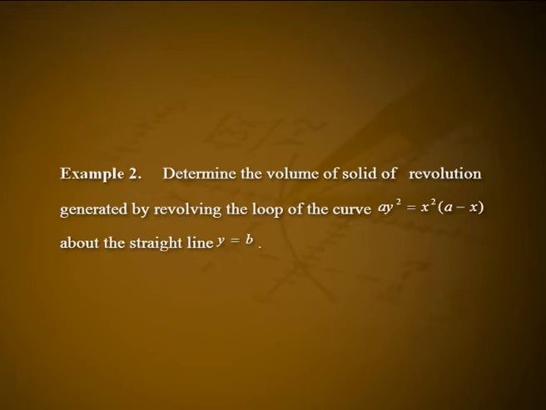Example 2. Determine the volume of solid of revolution generated by revolving the loop of the curve ay² = x²(a − x) about the straight line y = b. Solution. The loop lies between the points O(0,0) and A(a,0).